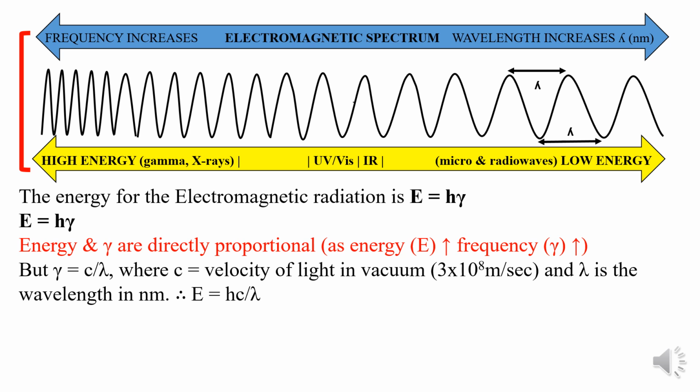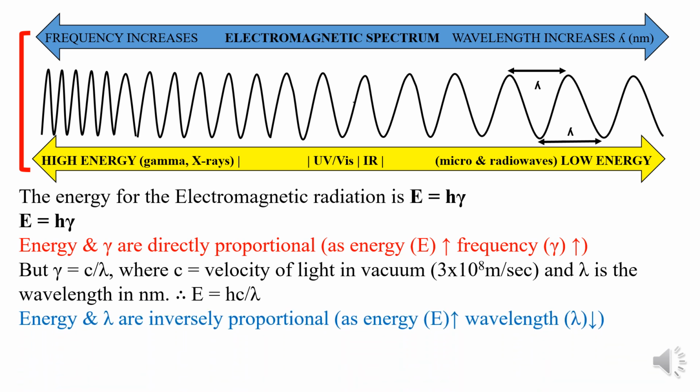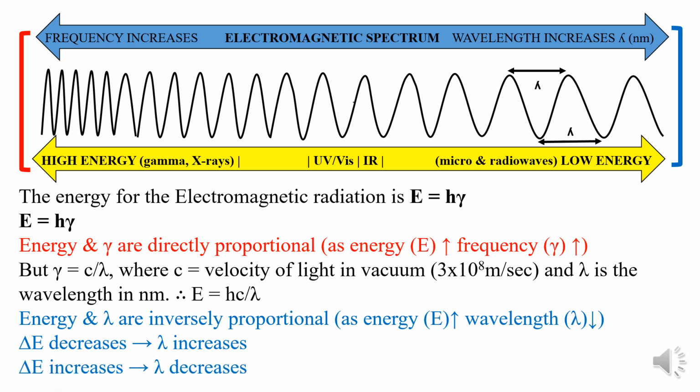Here you can see that energy and wavelength are inversely proportional. So as the energy decreases, wavelength increases, and as the energy increases, wavelength decreases. So energy and wavelength are inversely proportional, while energy and frequency are directly proportional.